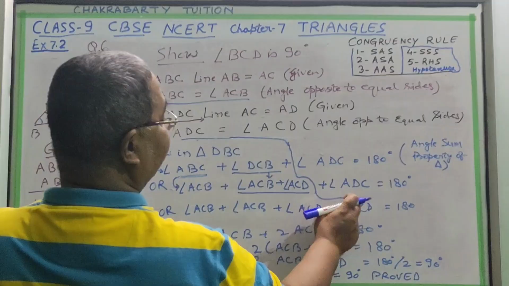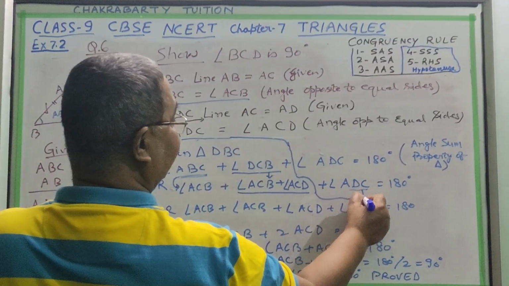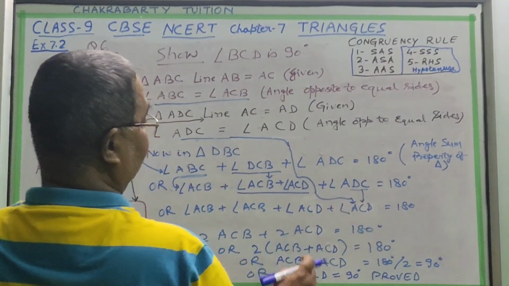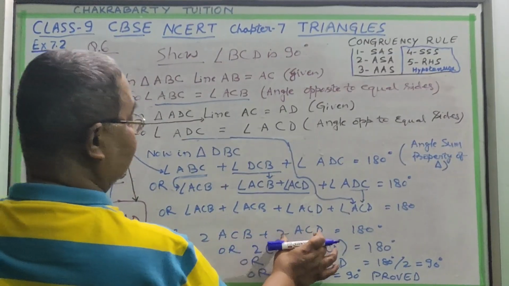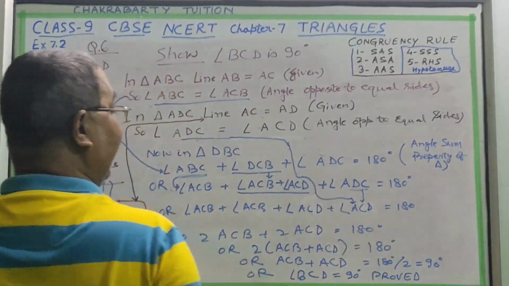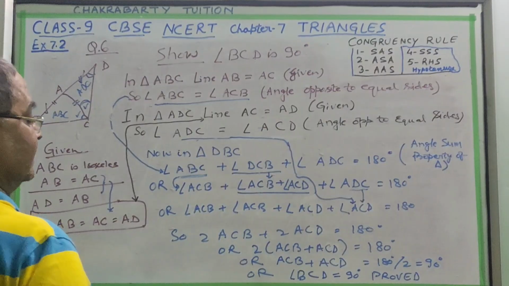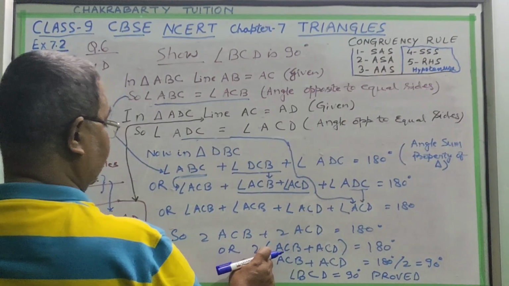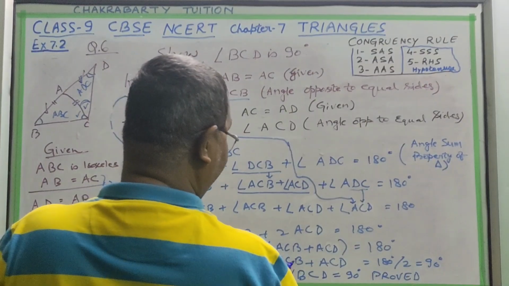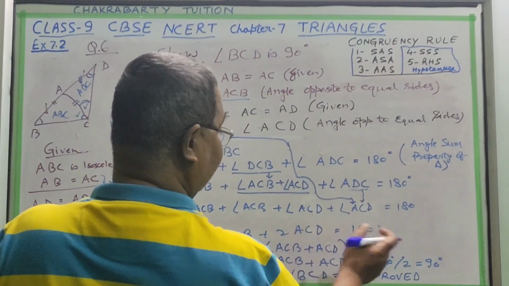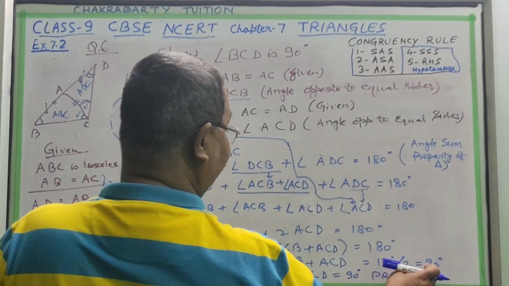That's why in place of ADC, we can write ACD also. So ACD is here, ACB is there. So 2 ACB and 2 ACD are equal to 180 degrees. Now we take the common factor out. 2 will be out, ACB plus ACD will be 180 degrees. Or ACB plus ACD, this 2 will go to the other side and divide, it will be 90 degrees.